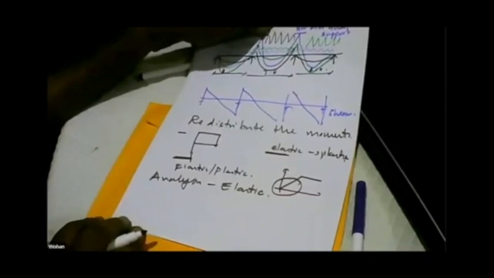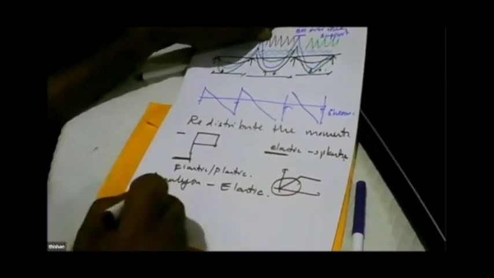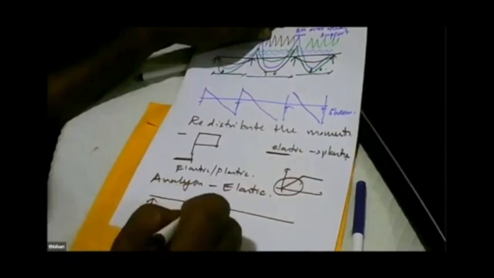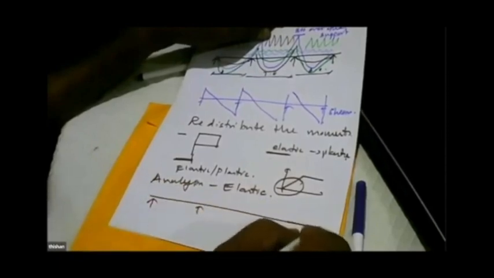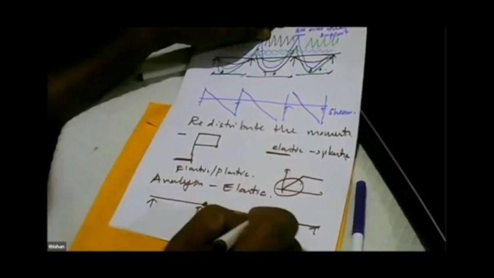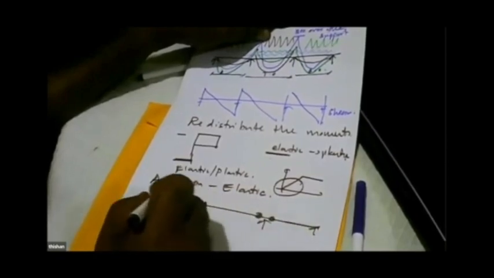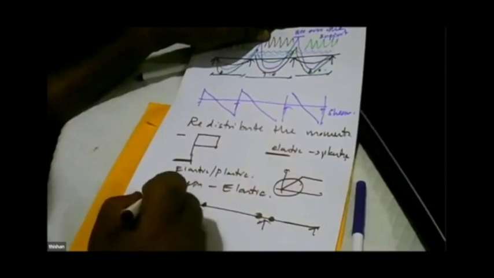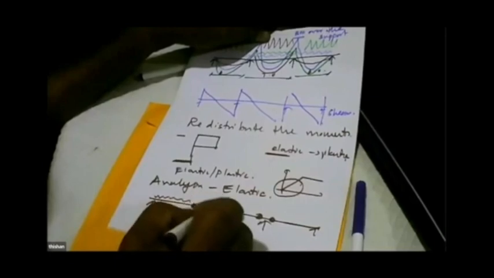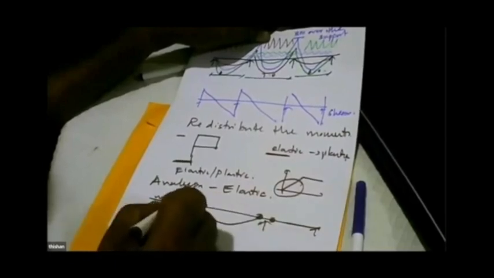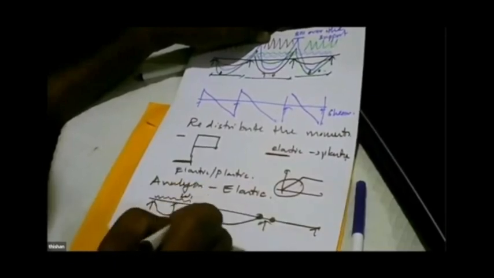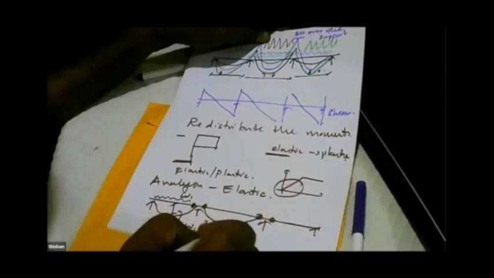whereas the actual structure behaves plastic, which means this beam is capable of forming hinges at these positions. Once it is formed, any extra load will be taken by a bending moment diagram like this, where if this is W1, this will be W1 L squared per 8.